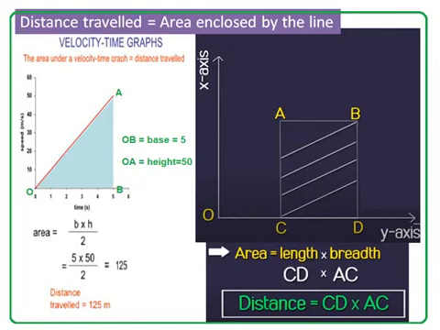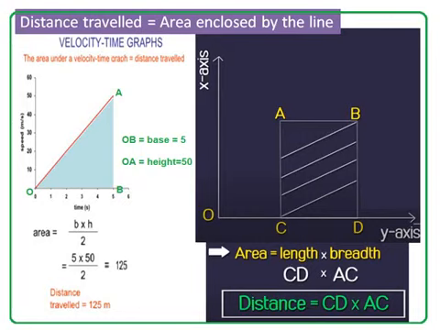Now for this type of motion OA, how much is the distance traveled by the body? We have to calculate the area enclosed by the line.